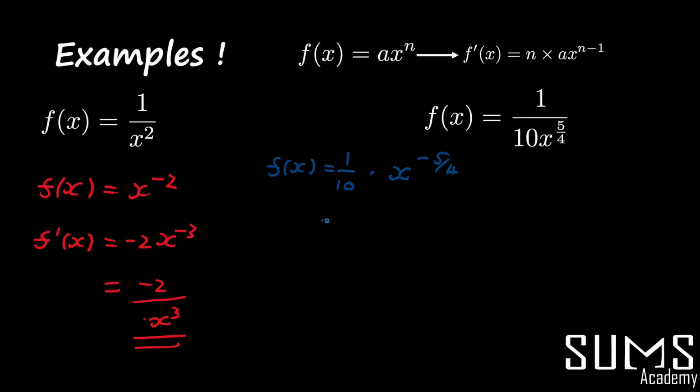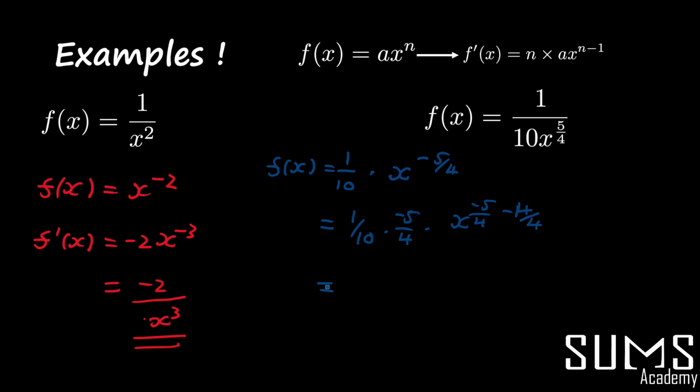Equals 1 over 10 times minus 5 over 4 times x to the power of minus 5 over 4 minus 1, which is the same as 4 over 4.